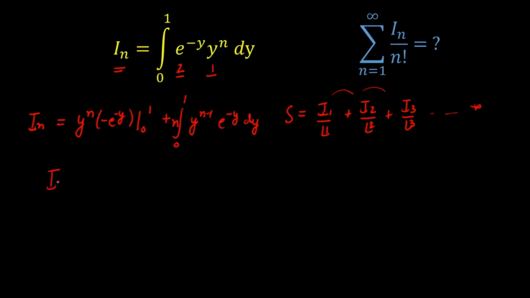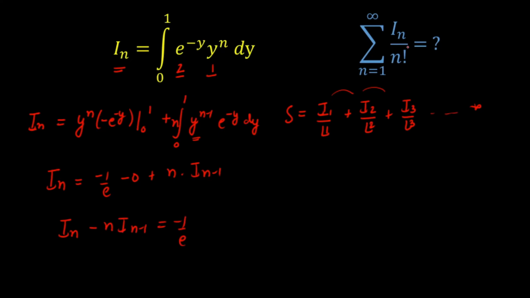Now I of n is equal to, when you put 1 here, you'll get minus 1 by e. It's quite visible. When you put 0 here using y, it will be 0. So minus 0 plus n times. Now if you focus here, for index n, y raised to power of n, the integral is I of n. Now for the index n minus 1, the integral will be I of n minus 1 simply. Now I'll take this on the other side. So we got I of n minus n times I of n minus 1 is equal to minus 1 by e.